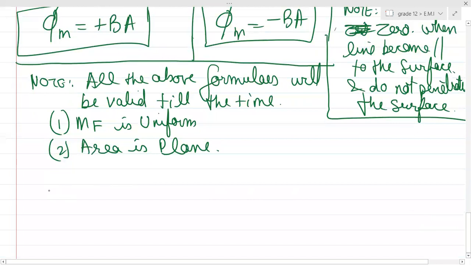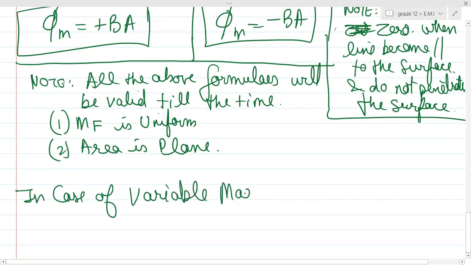So what will we do in case of a variable magnetic field or curved areas?